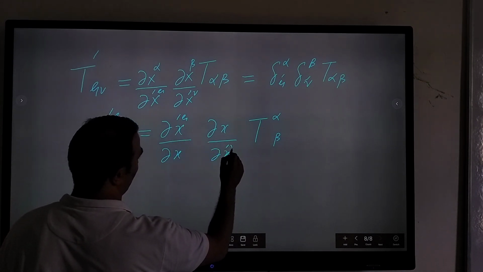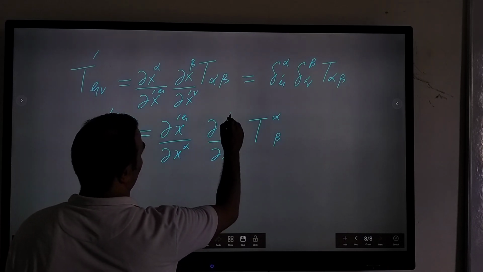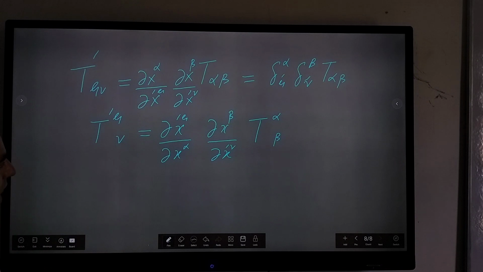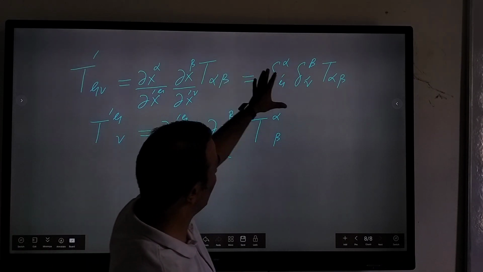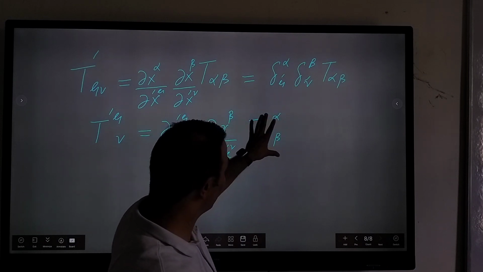Yeah, it will be nu prime, and this will be alpha. Okay, so this is very clear because similarly I can write this also, that is mu prime. So again, this is our mixed rank tensor.